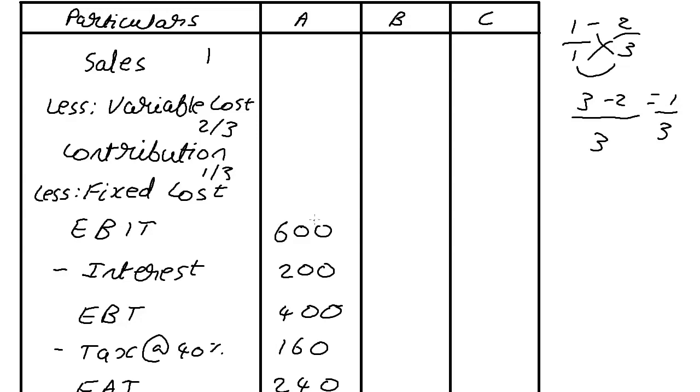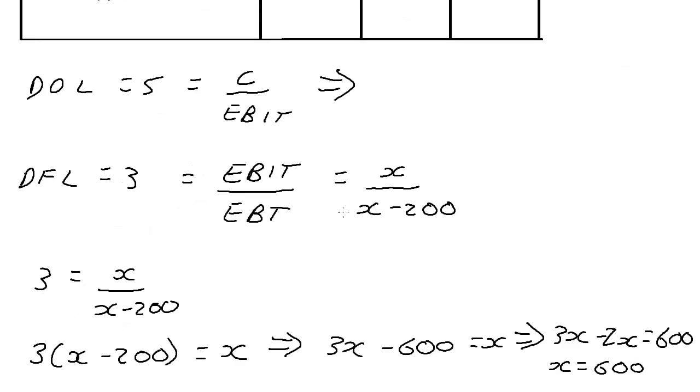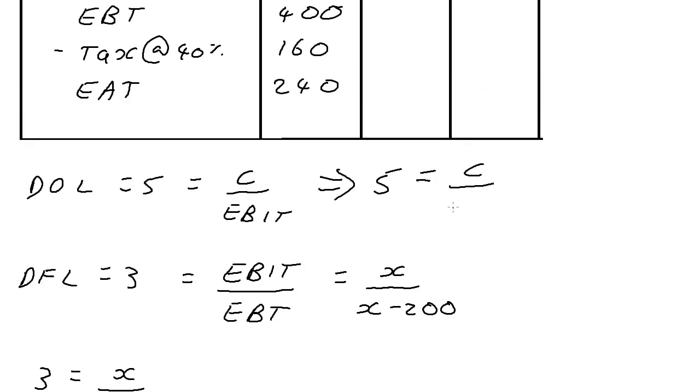EBIT is 600. So I'm able to go here and say that contribution upon EBIT, I'm substituting 5, equals contribution, I'm substituting the value of EBIT, which is 600. So 5 is equal to C upon 600, and therefore C is 5 into 600. 600 is in division, goes outside, becomes multiplication. 5 into 600 is equal to C, therefore C is equal to 3000.